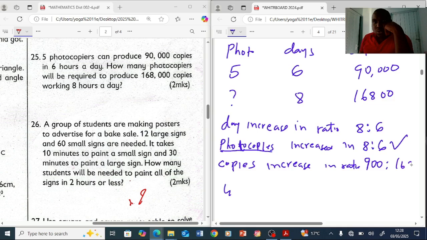I have removed these 2 zeros from the end because they are common.